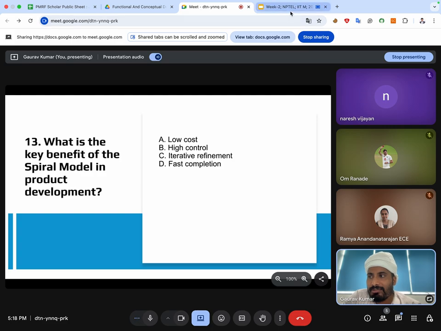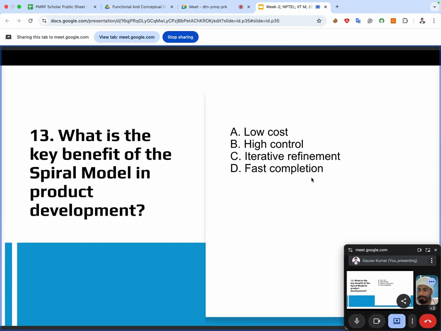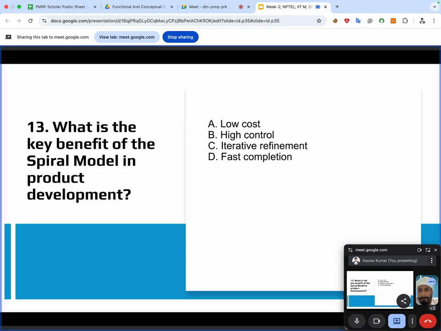What about Naresh? Do you agree with option C? Yes, definitely C is the right answer, because the spiral model is powerful in managing uncertainty. So you prototype, get feedback, make a change and repeat.